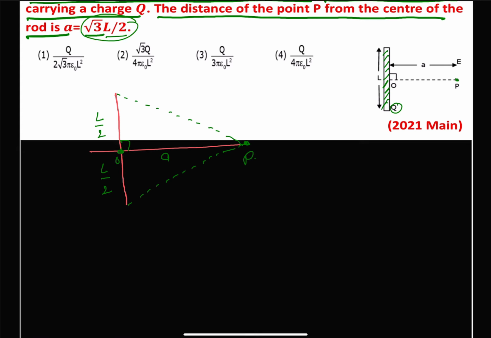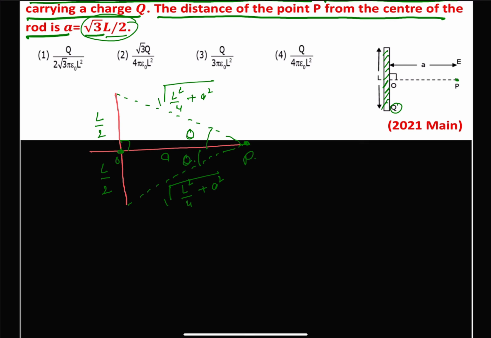From here we can say that this distance will be the square root of L square by 4 plus A square. Similarly on the bottom side also, the square root of L square by 4 plus A square. Let us suppose the angle made by them is theta.